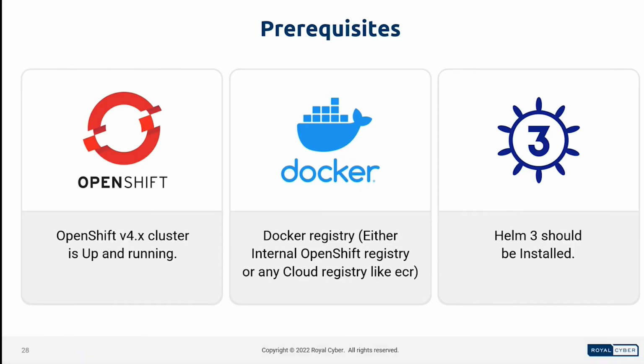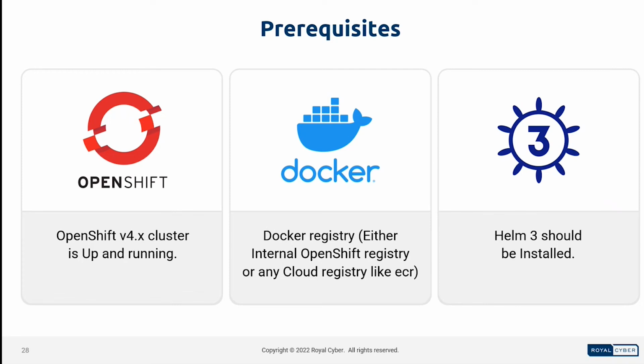Before we proceed with the HCL Commerce version 9 deployment on OpenShift, we have some prerequisites that we need to make sure are in place before the deployment. So first we have the OpenShift cluster that should be up and running. Then we have a Docker registry to push and pull the images.